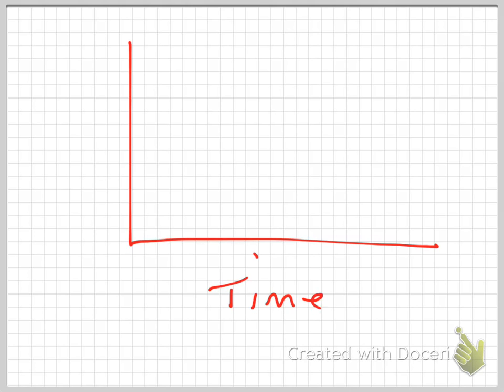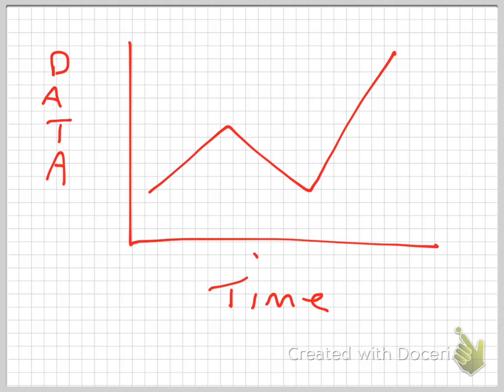Almost always, when you have a line graph, time is down here, and then the data that you're trying to decipher is up here, over here. And it looks something like that. As time moves on, the data goes up or down or whatever. Okay, this is what a line graph is.